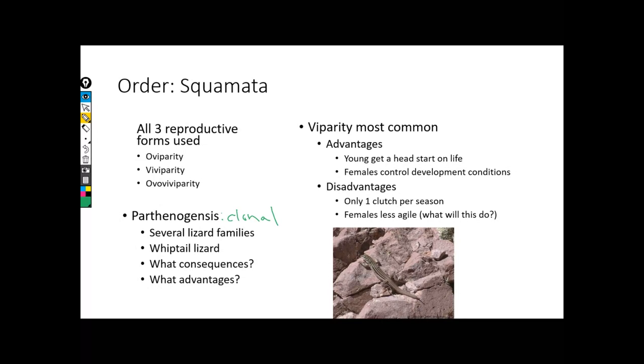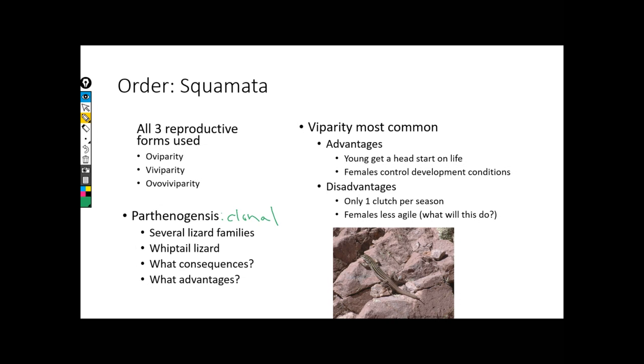Okay, so squamates are going to be one of our groups, one of our orders, where we really see almost the most variety in reproductive tactics. We have to use internal fertilization, using that hemipene as an intermittent organ, but beyond that, depending on what species you are, there's a bunch of flexibility on how you can do it.